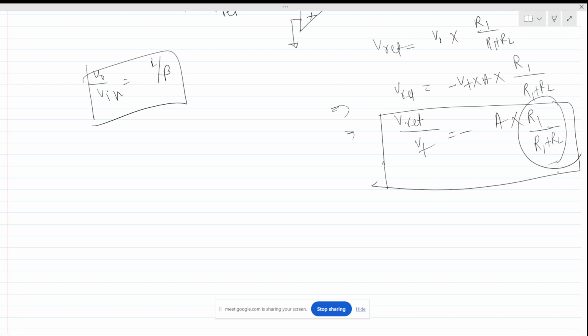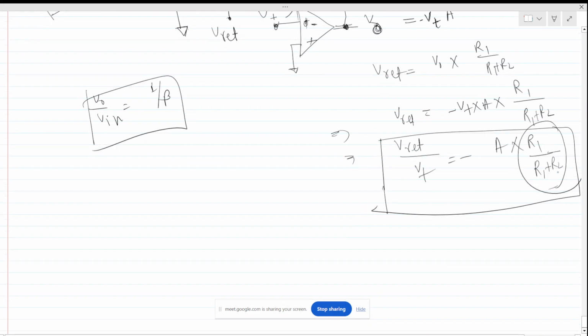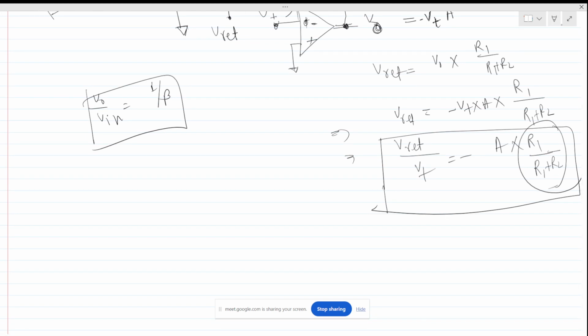Because what we have seen is that the gain is nothing but minus R2 by R1. Now the inverse of this will be R1 plus R2 divided by R1. So this is not the same thing as minus R2 by R1, right? So we will discuss it in a later video.